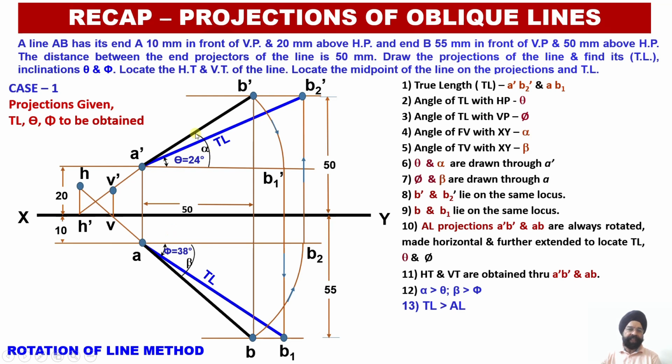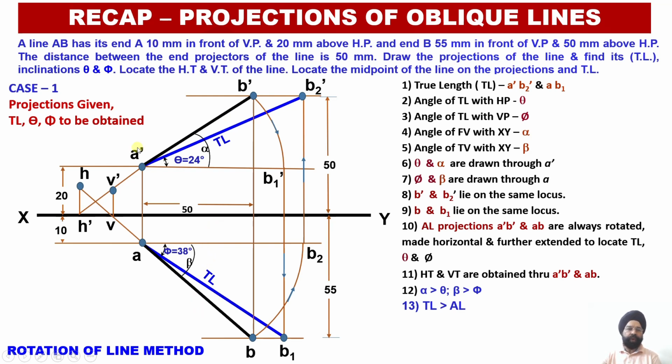Angle alpha, it is the inclination of the apparent length in the elevation. Angle beta, it is the inclination of the plan projection length with the vertical plane. And please check, alpha is greater than theta and beta is greater than phi, and similarly true lengths are greater than the apparent lengths over here.